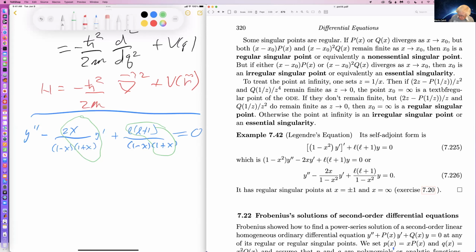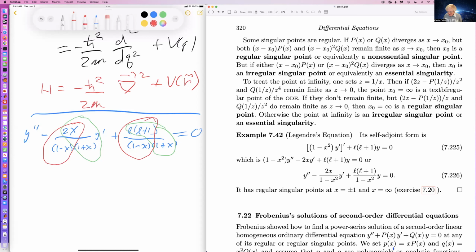On the other hand, for the point x equals minus 1, we multiply by 1 plus x, and we're left with these terms, which are finite when x approaches minus 1.